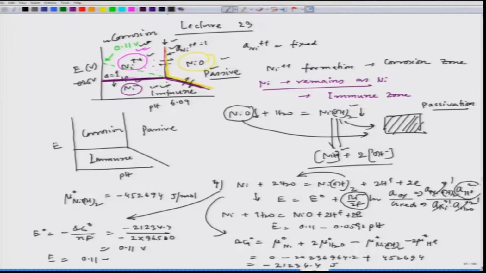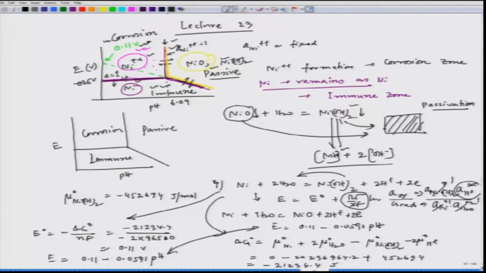So, you are left with this quantity. So, these two will get cancelled. So, finally, you would get the same pH, same equation. So, these two are getting the same equation. So, that means this line would be similar to Ni(OH)2 if we form Ni(OH)2 instead of NiO.